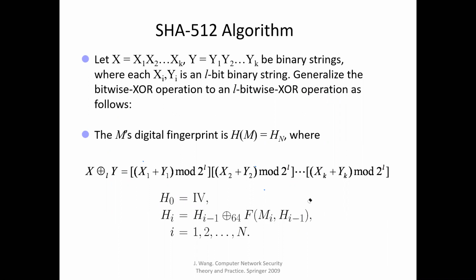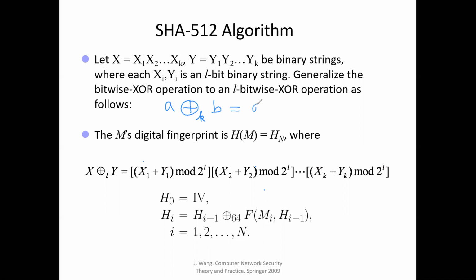Right, okay. So now, we let X and Y be binary strings, and we want to define a generalized bitwise exclusive OR operation. So remember, we defined exclusive OR sub k earlier when we talked about exclusive OR.